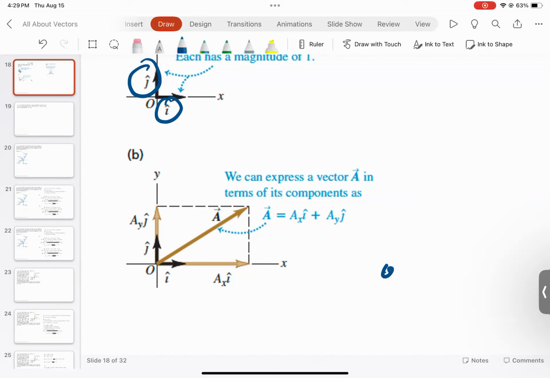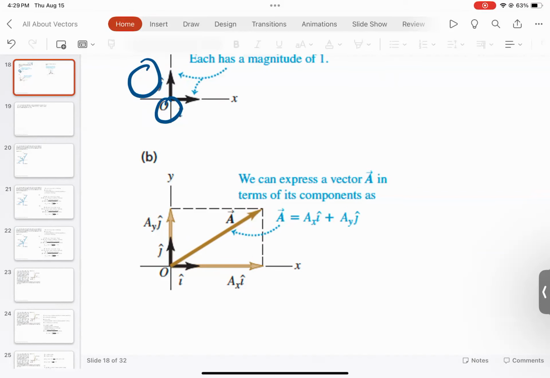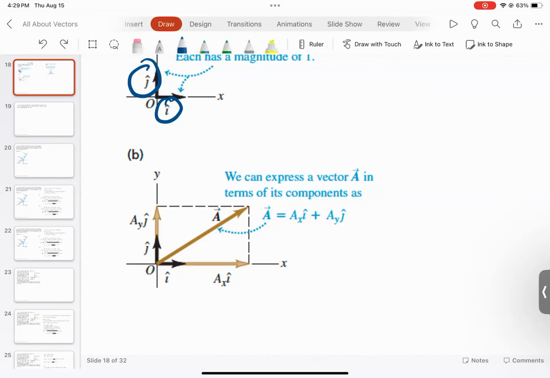Vector A is written as yung component niya along the x-axis. And then, lalagyan natin unit vector.